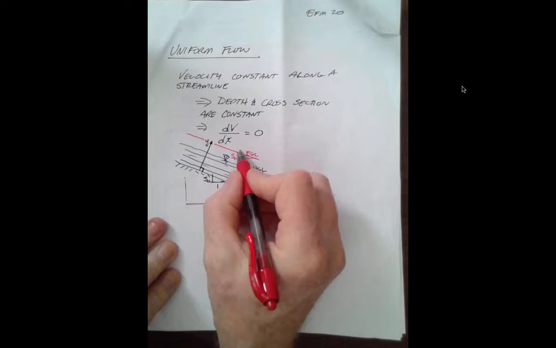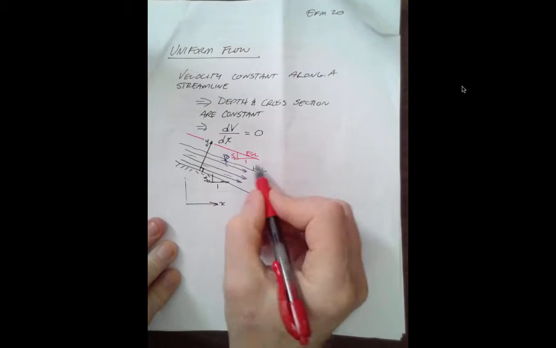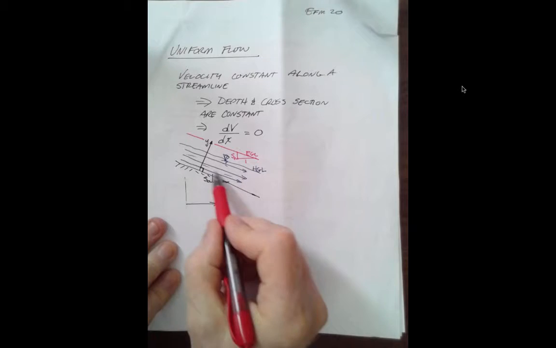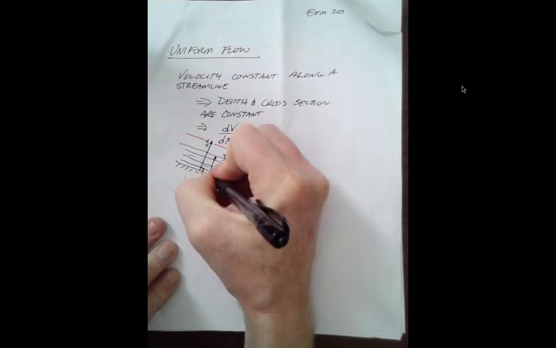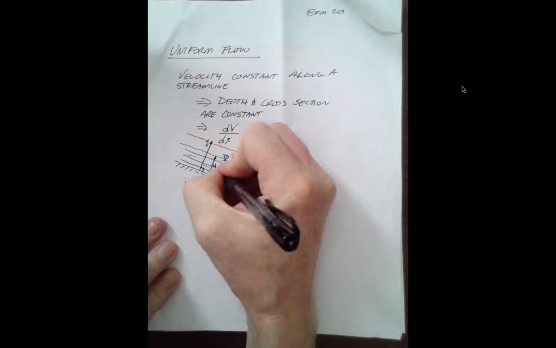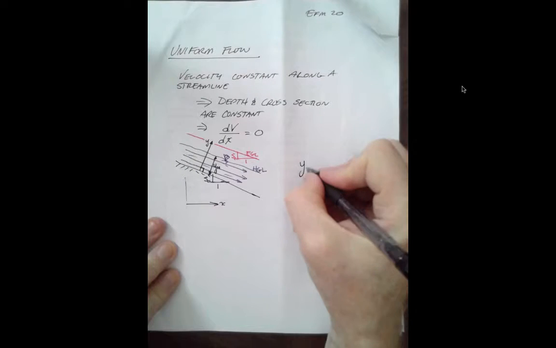In the case of uniform flow, the energy grade slope, the slope of the hydraulic grade line, and the slope of the channel bottom are all the same. In that instance, this flow depth right here is called the normal depth.